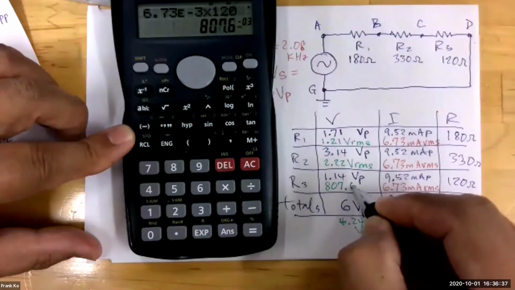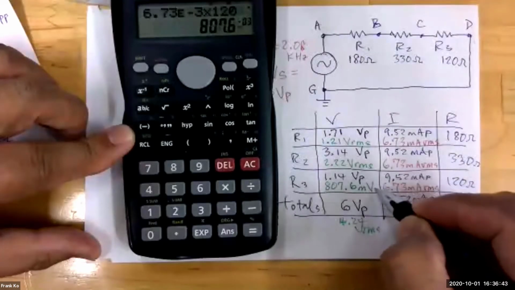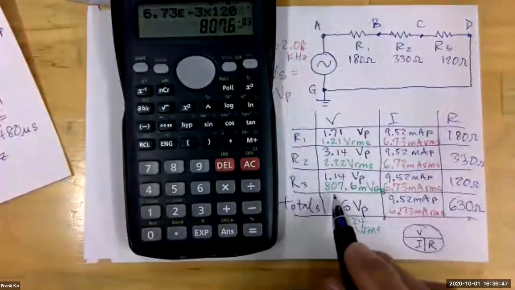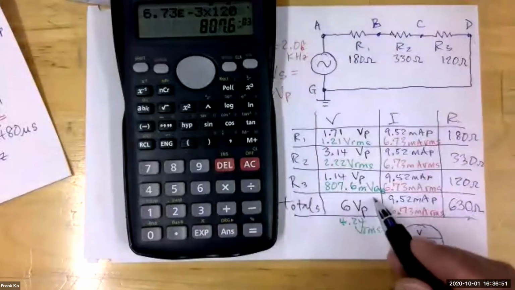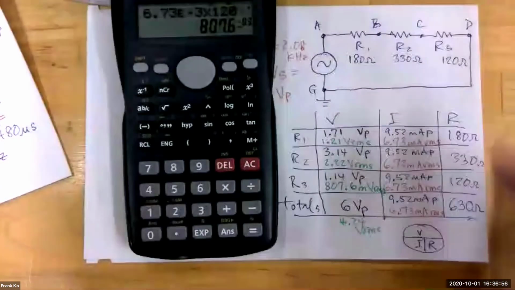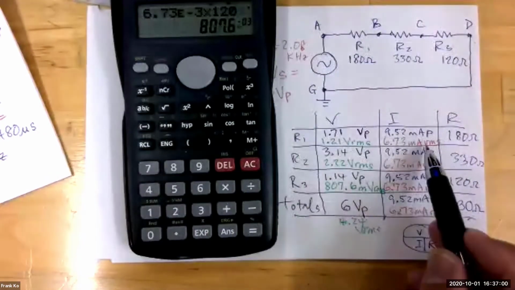Oh, sorry, millivolts. Millivolts, RMS, no less, okay? So 807.6 millivolts RMS. So now we have a table full of peak voltages, peak currents, RMS voltages, and RMS currents.